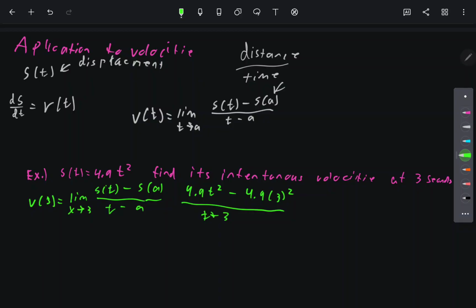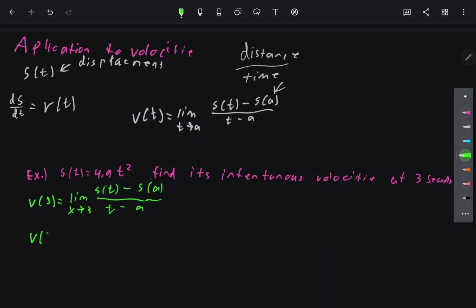Well, how do we want to solve this? It might be a bit easier to solve if we look at it from a different perspective. Let's try using the other definition of a derivative.